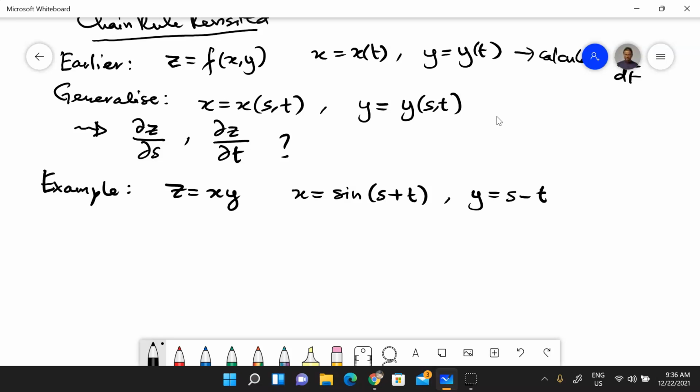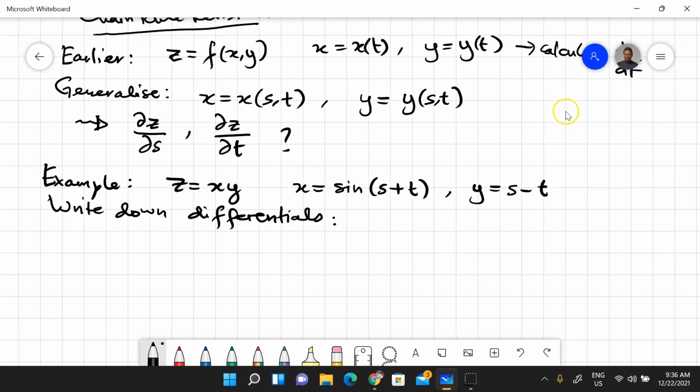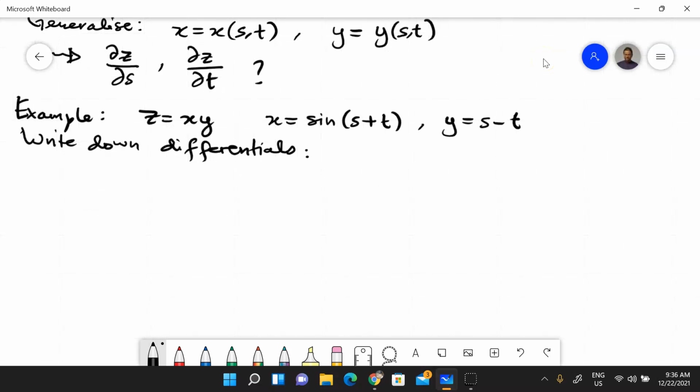So what we do here is to write down differentials. Differentials of what? Of all the equations that we have. Okay. So in this case, we have three different equations. One is for the z, then the other for the x, and the other for the y.